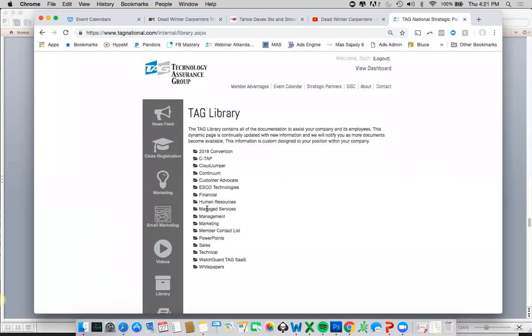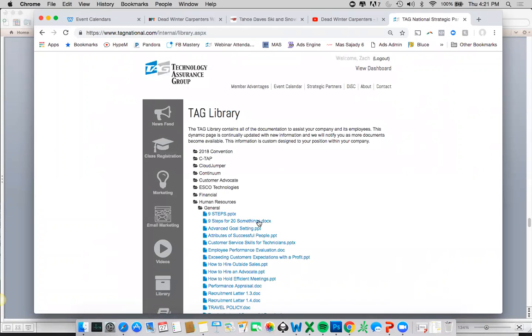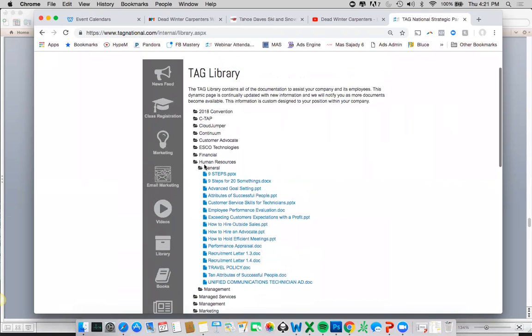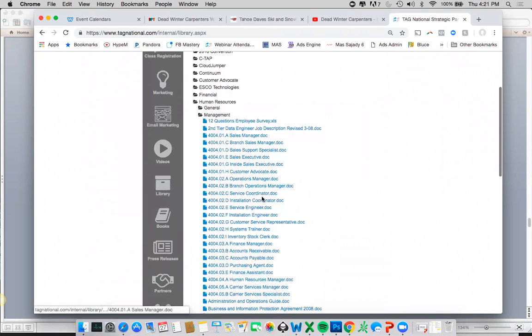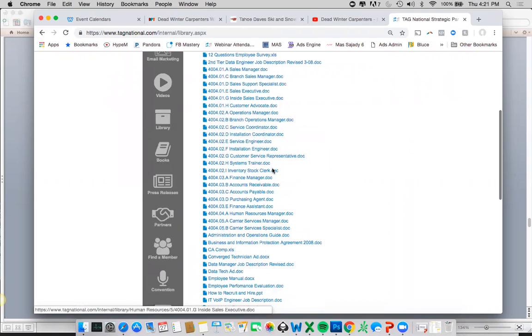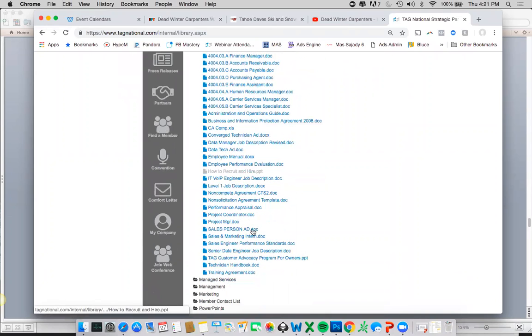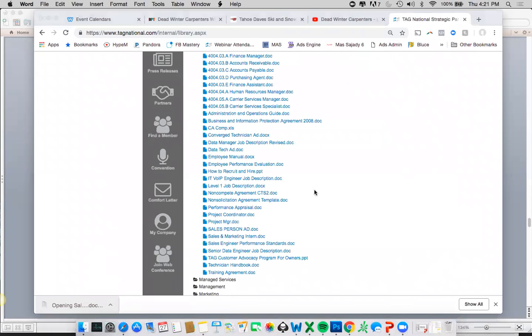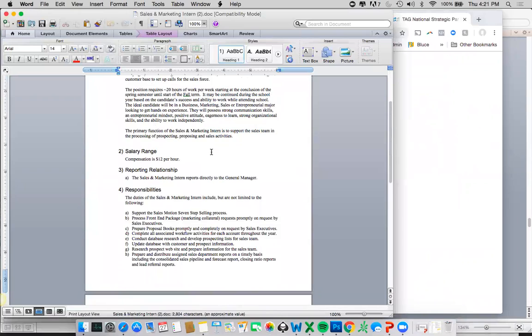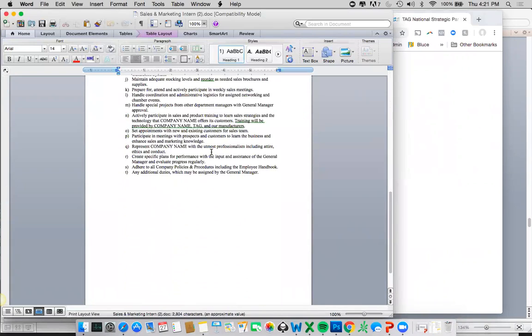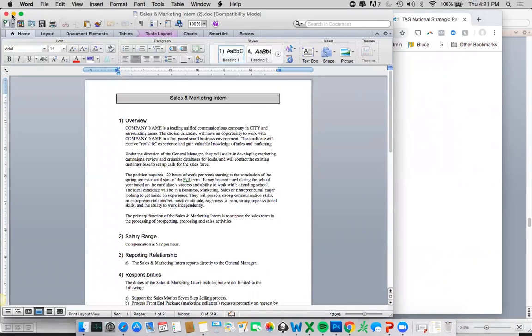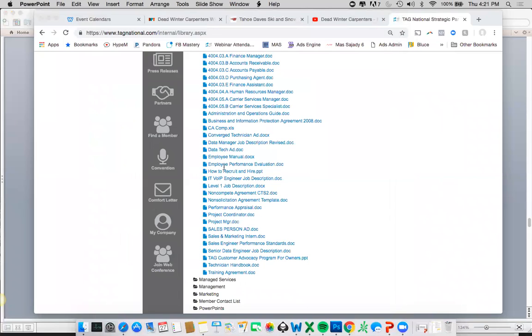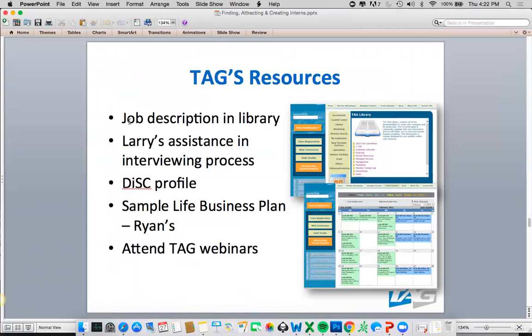Go to TAG library, the human resources, and you go to management. And then you have sales executive, inside sales executive. Where is the intern one? Sales and marketing intern document. And then here you go. Here's the job description, already set up. All you have to do is fill in the details with whatever you want to say. So there's the job description in the library.